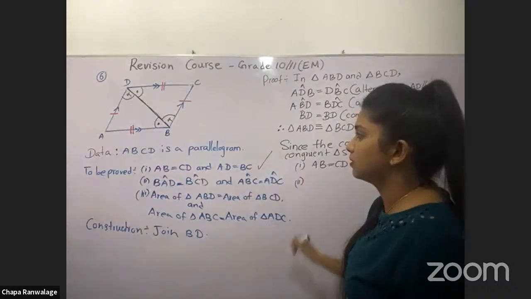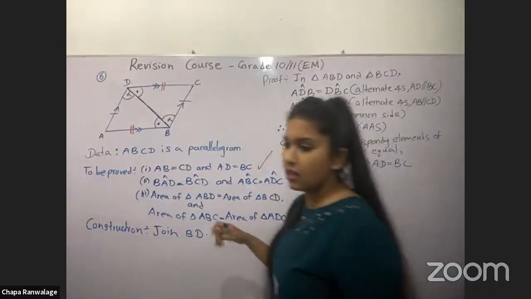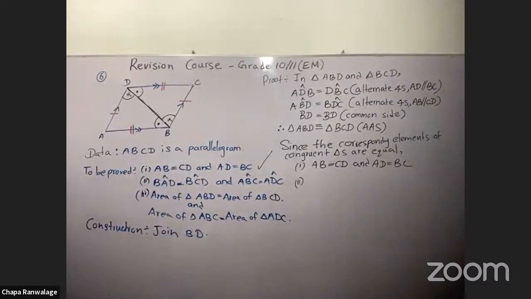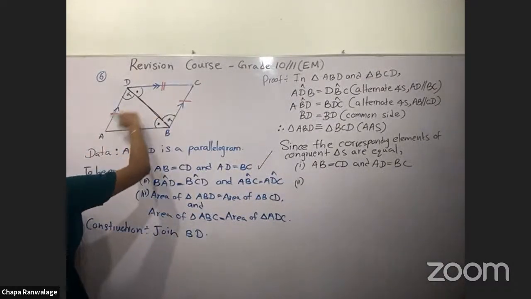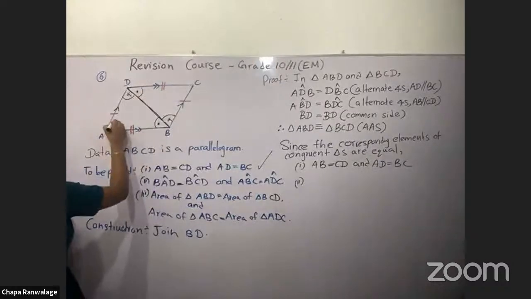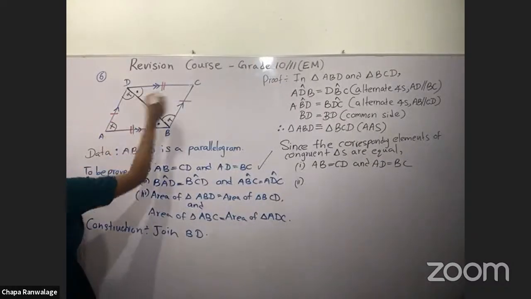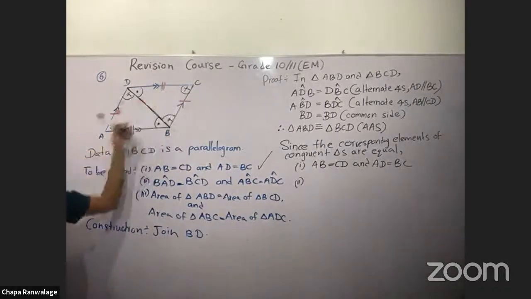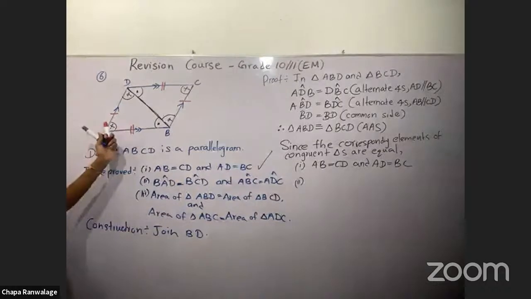The second case. Same case, no? BAD. These two are equal because of the corresponding elements, no? This one is equal to this one. These two are the remaining angles of this triangle. So these two are equal.